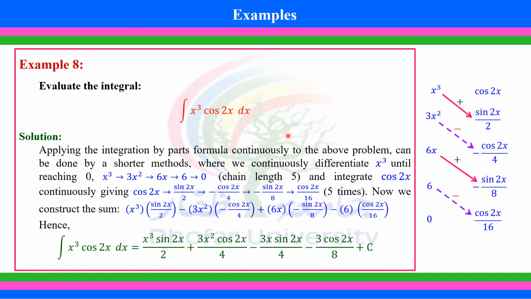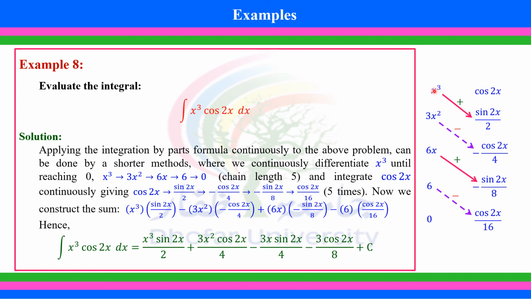On the other hand, if we start integrating cosine 2x, its first integral is sine 2x divided by 2. The second integral is negative cosine 2x divided by 4. The third integral is negative sine 2x divided by 8. And the fourth integral is cosine 2x divided by 16.